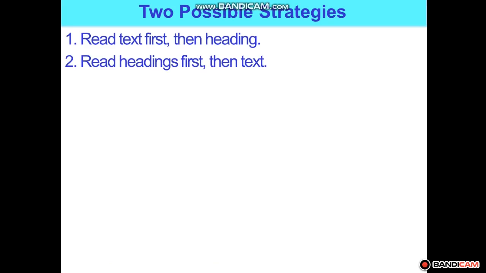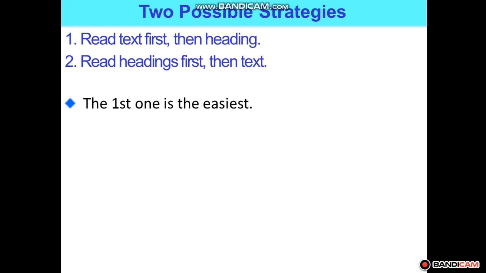Okay, so generally there are two strategies people utilize to approach this question. One is reading the text first and then the heading, and the second one is reading the heading first and then the text.